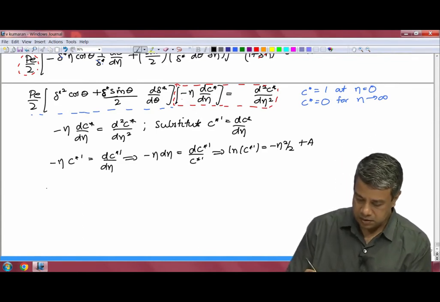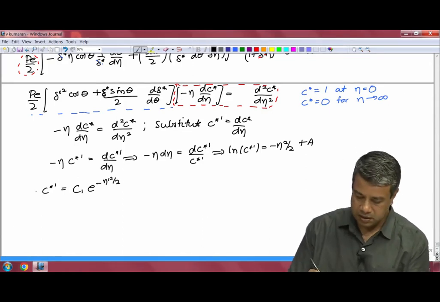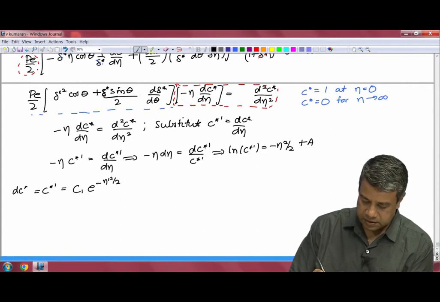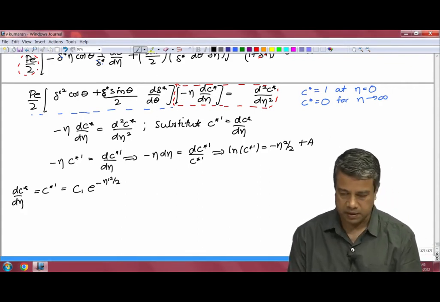Exponentiate this to get c star prime is equal to some constant c1 times e power minus eta square by 2. This is equal to dc star by d eta.